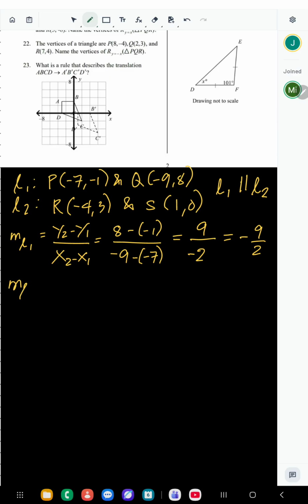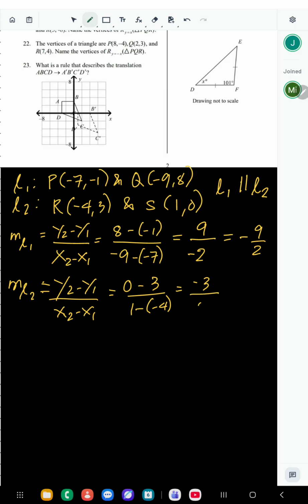Then the slope of line 2 is 0 minus 3 over 1 minus -4, which is -3 over 5.